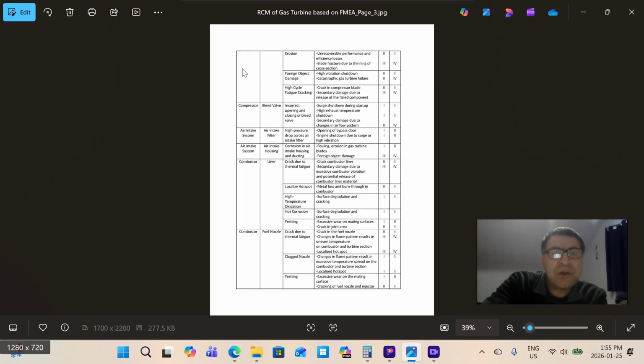Again, compressor component, we have erosion. Exactly the same thing: blade fracture, we have damage from the erosion, and unmitigated is high probability.